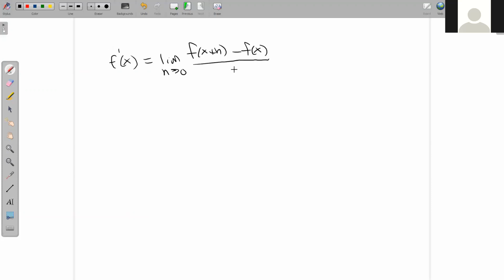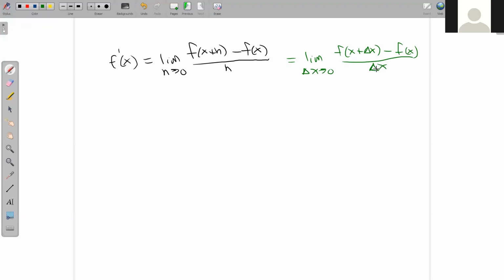This is where derivatives come from. Without this, we got nothing. Sometimes instead of h, we call it delta x for a change in x, because that's what h is. So often instead, we might see the limit as delta x goes to 0 of f of x plus delta x minus f of x, all over delta x. So all I'm doing is swapping the h out for delta x here.